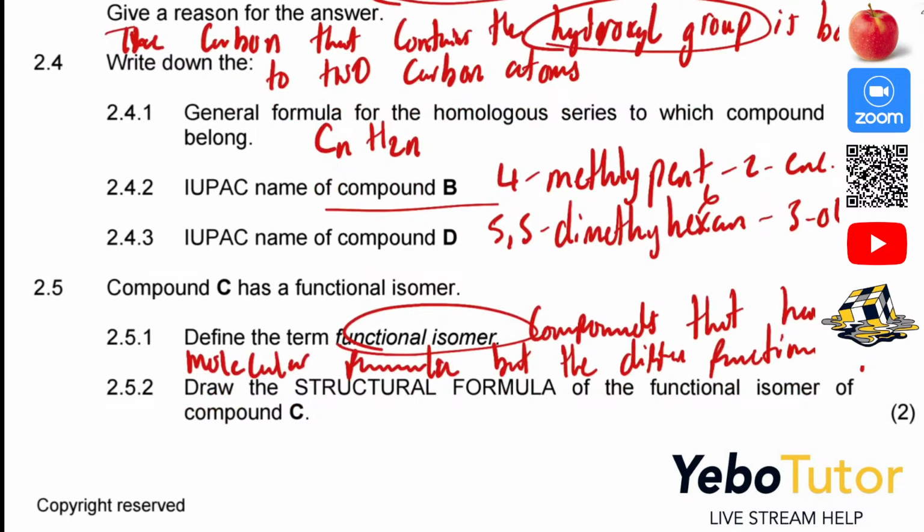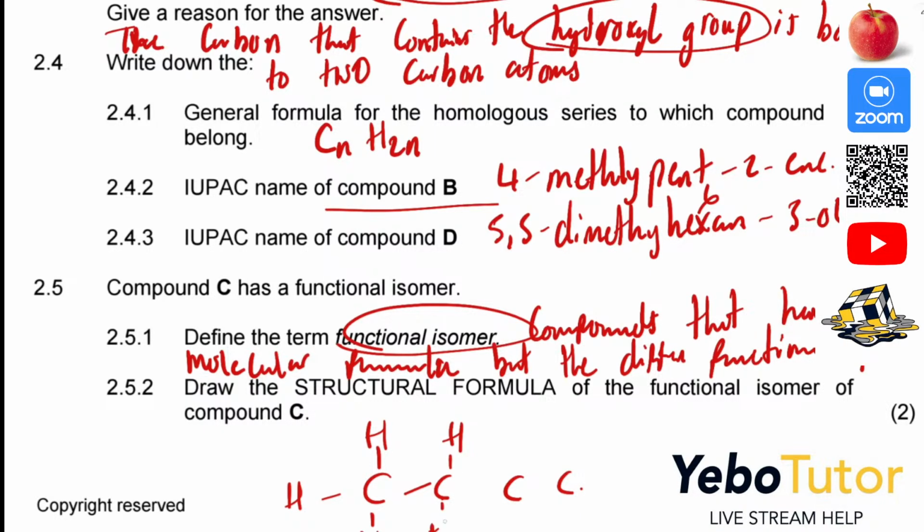Now draw the structural formula of the functional isomer of compound C. Guys, this is super easy. Definitely we can see it's butane, which means it's 1, 2, 3, 4, which is 4 carbons. So we can now have our 4 carbons, 1, 2, 3, 4, right? And of course that can give us a functional isomer, which is like this.